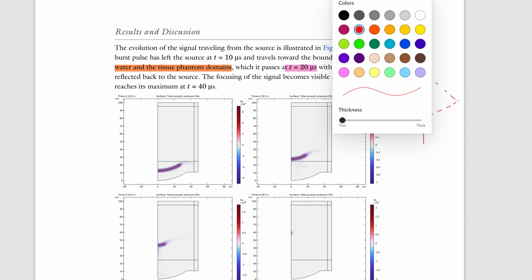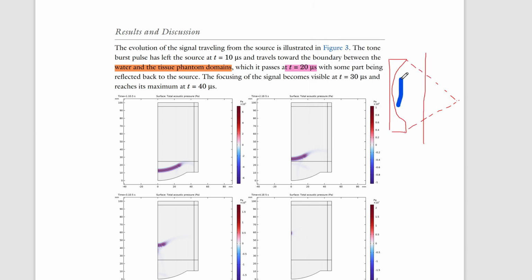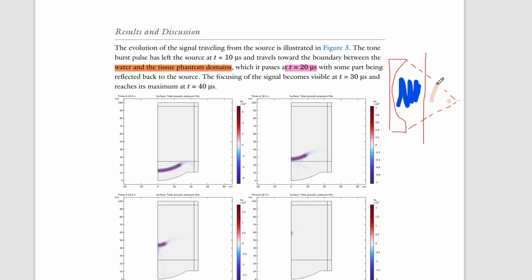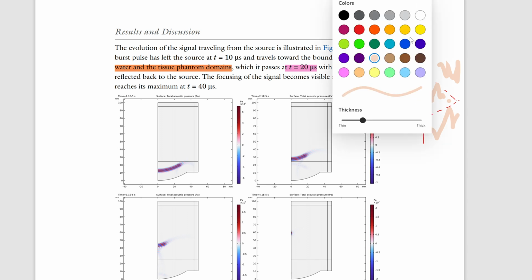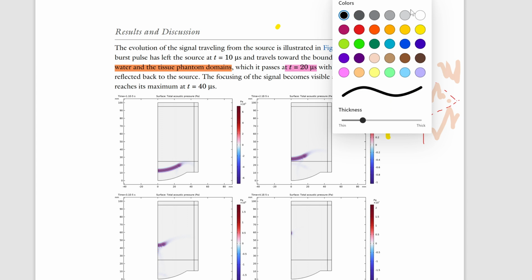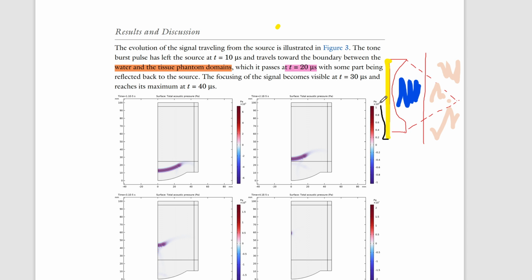And so it's easier to see. Let's do water here, and then they just use skin color for the tissue. Okay. So we have our transducer, yellow. The transducer is hooked up to our power supply.